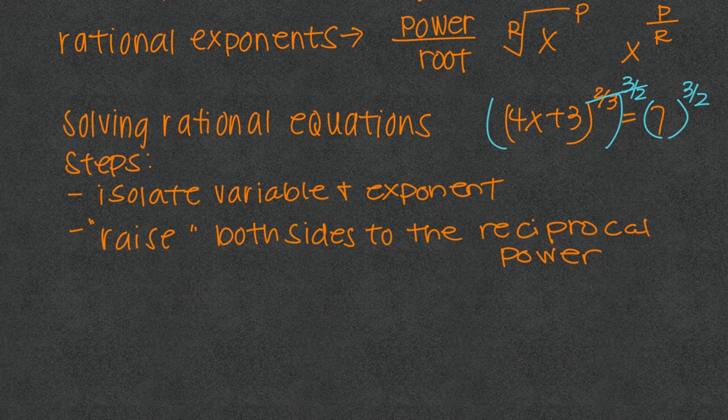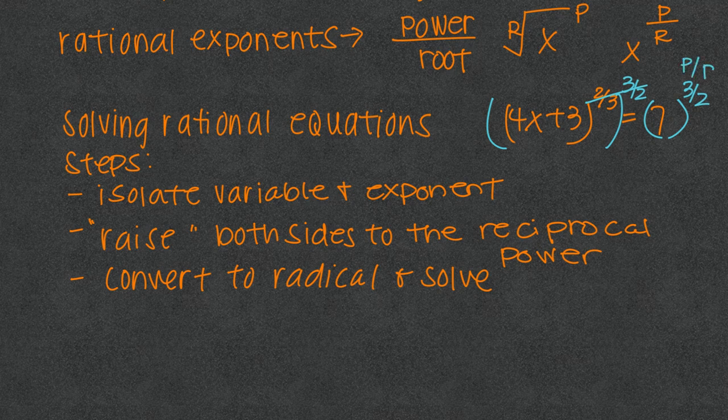Okay, now what we need to do is convert to radical and solve. So this isn't the best example because 7 isn't great, but this is power over root.